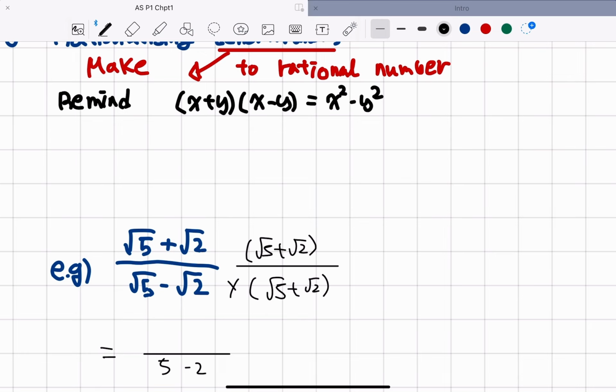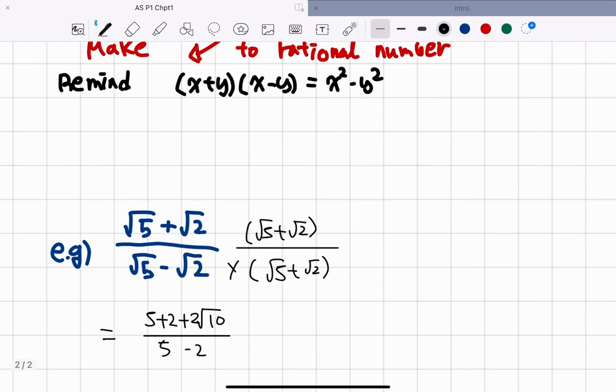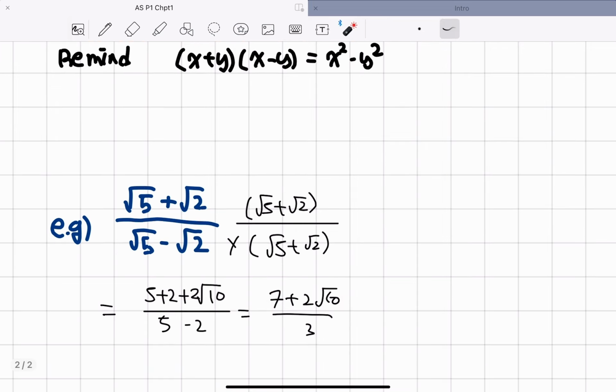For the numerator, it's simply square root of 5 plus square root of 2 squared. So you can simplify to 5 plus 2 plus 2 square root of 10. To simplify, 7 plus 2 square root of 10 over 3. So this one should be the answer, right? Okay.